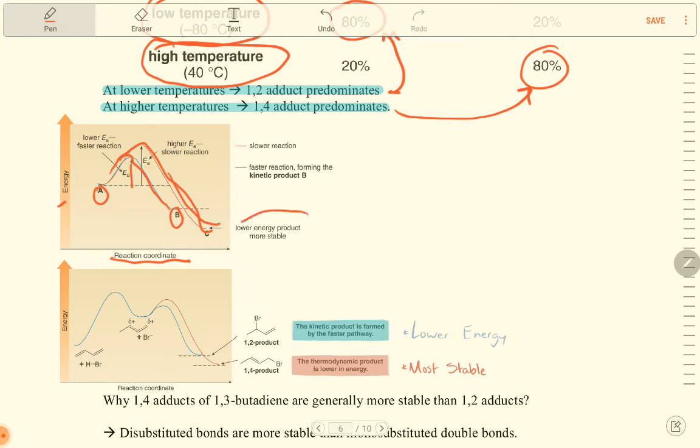The lower the energy barrier, the faster the reaction, forming kinetic product B, and the other is the slower reaction. Let me just erase so you can interpret. The faster reaction forms the kinetic product B. Remember, activation energy is lower for the faster one, and for the slower reaction activation energy is higher.